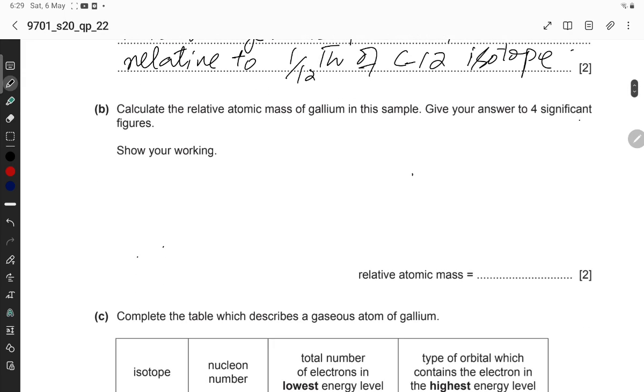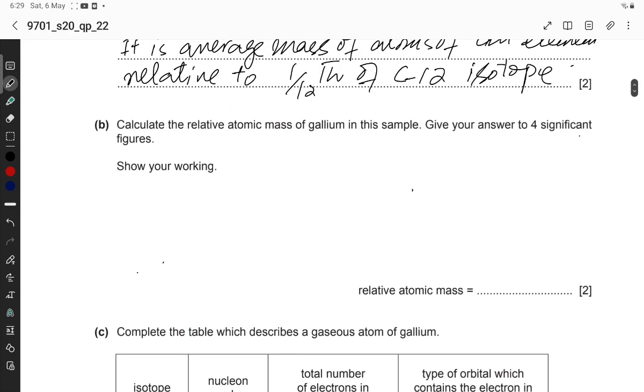Calculate the relative atomic mass of gallium in this sample. Give your answer to 4 significant figures. Show your working.